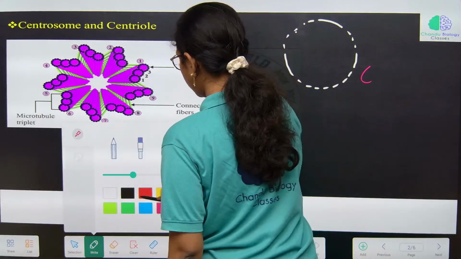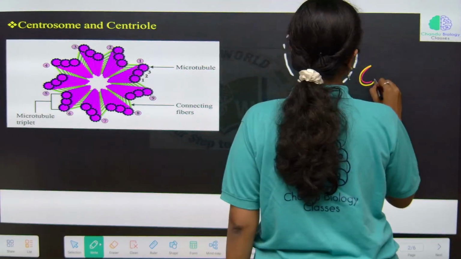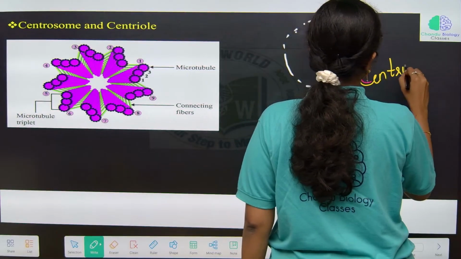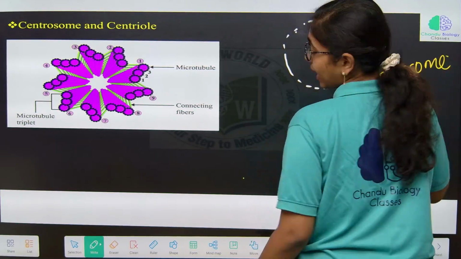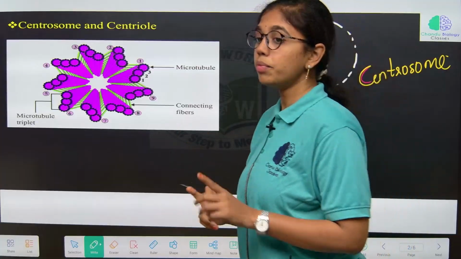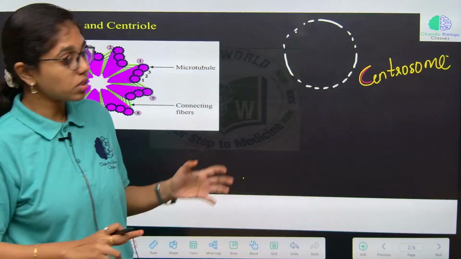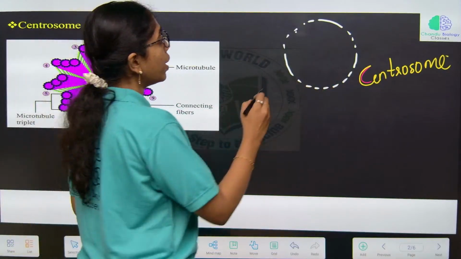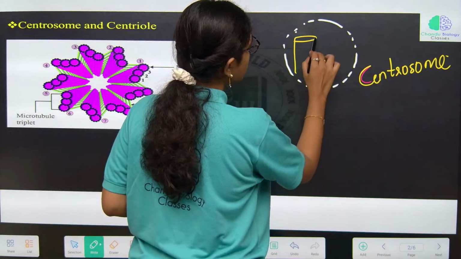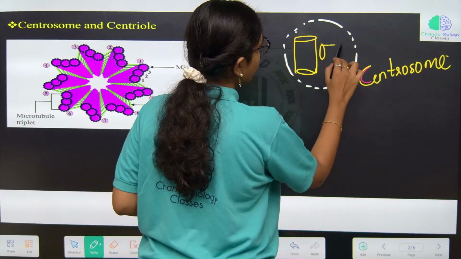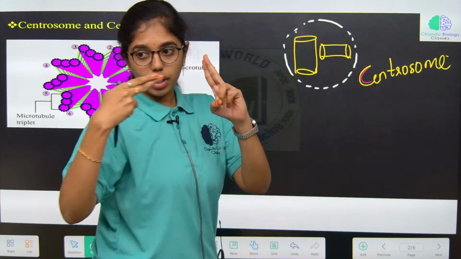Centrosome is surrounded by the pericentriolar space. Inside the animal cell cytoplasm, you have the centrosome, surrounded by pericentriolar space, and inside the centrosome you have two perpendicular structures called centrioles. These two are perpendicular to each other.